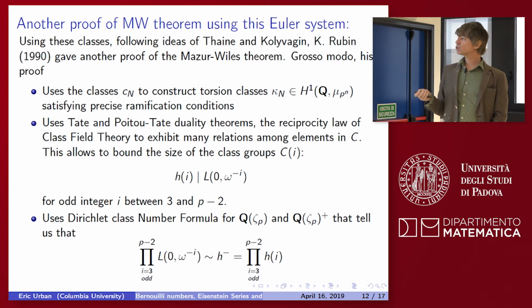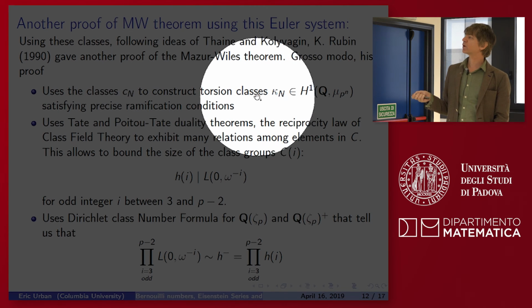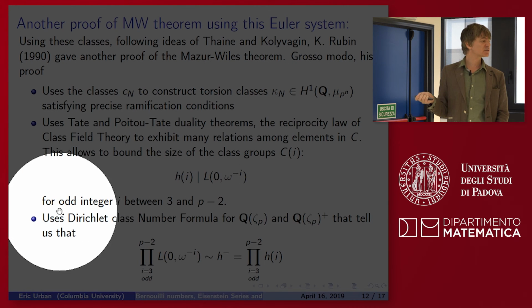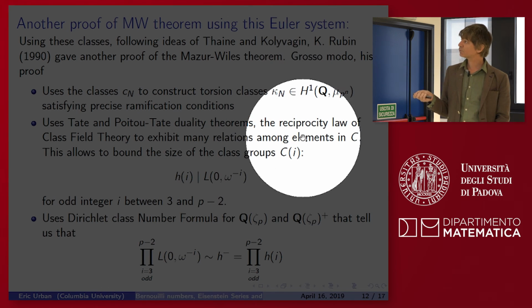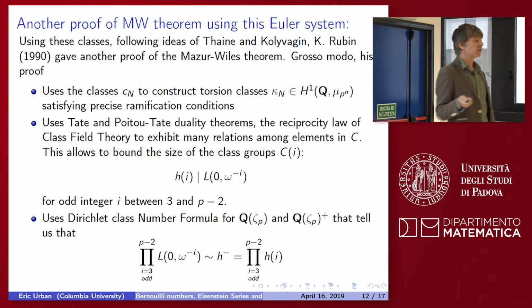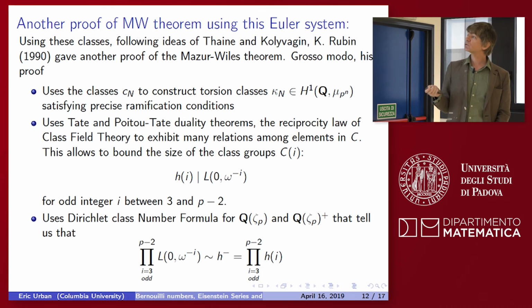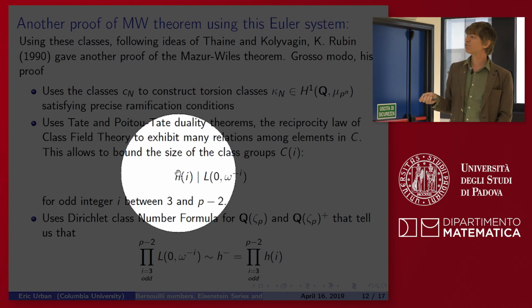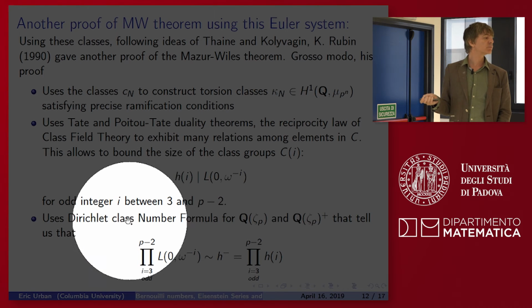So there is this question of those classes. Now, by the way, those classes are what are called the Kolyvagin system by the work of Mazur and Rubin. But the point is that using Tate and Poitou-Tate duality theorems and the reciprocity law of class field theory, you can show, this is the work of Rubin, that actually h of I divides this value.